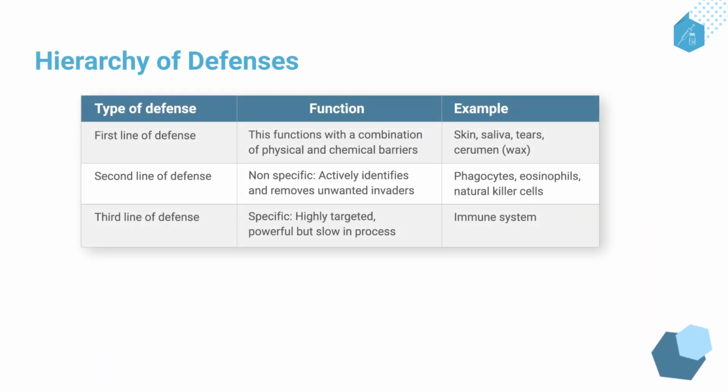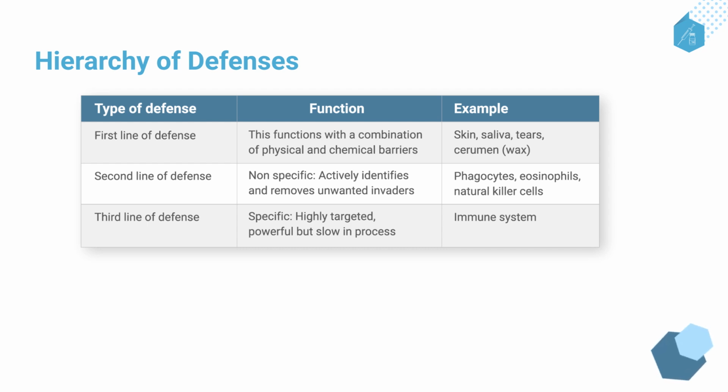Take a look at the chart listing the hierarchy of defense in our body and the corresponding examples. The first line of defense functions with a combination of physical and chemical barriers, which includes skin, saliva, tears, and cerumen. The second line of defense actively identifies and removes unwanted invaders.